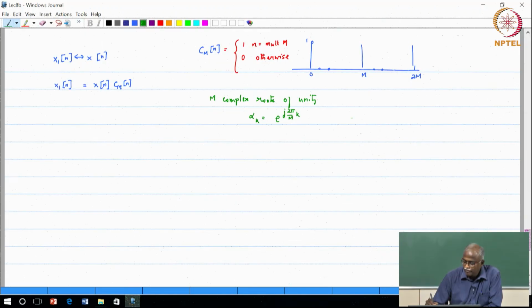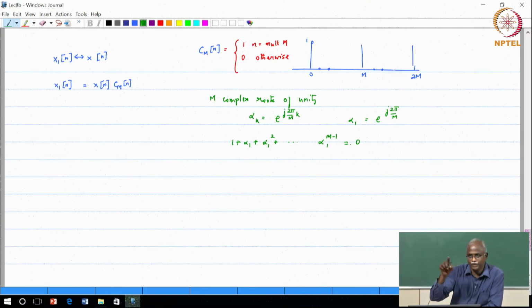Let me take alpha 1, that is e power j 2 pi over m, and then I can write down the following equation: 1 plus alpha 1 plus alpha 1 squared all the way to alpha 1 raised to the power of m minus 1 is equal to 0. When I take the powers of the root, the sum equals 0. Basically, you will do a geometric series and show that the numerator goes to 0. So, therefore, you get this expression.